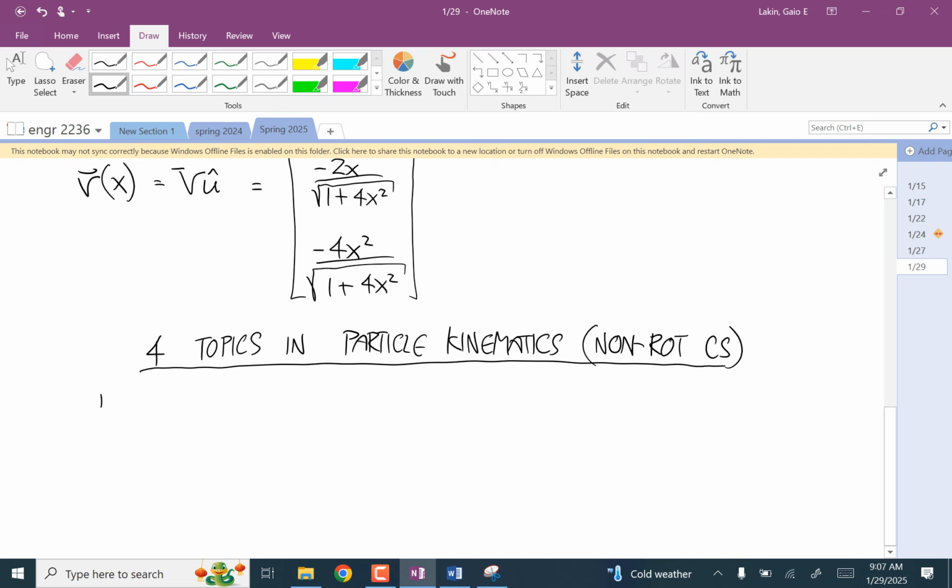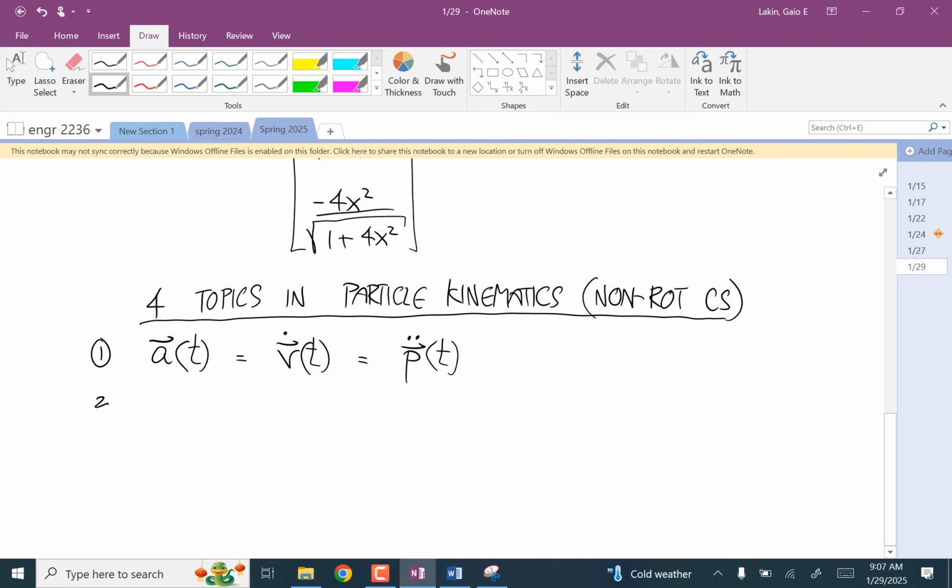The first one is just doing differential equations and derivatives and stuff to go back and forth between the acceleration and the velocity and the position. That's when you know stuff as a function of time.